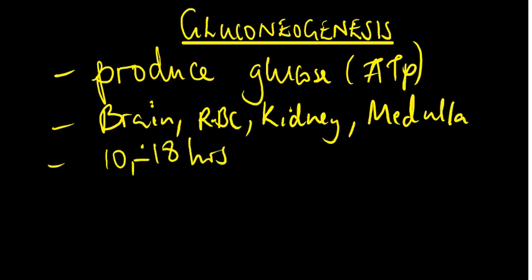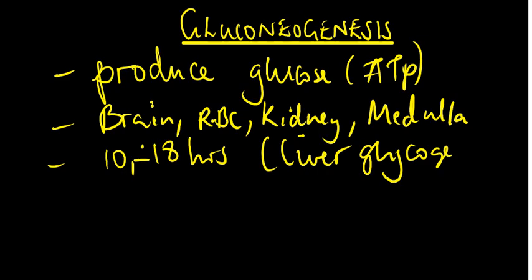This is the amount of time that liver glycogen is able to supply the body with glucose so that energy is produced. This time is limited. When all the liver glycogen stores are depleted, the body looks for other means and ways to provide glucose, and in the end provide energy.